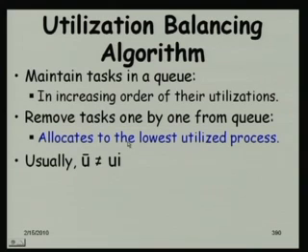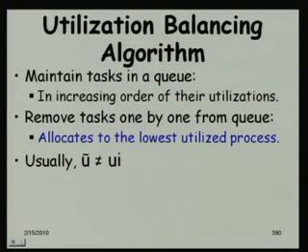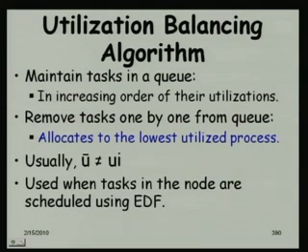So, the utilization due to all the tasks will be sigma TU, right. If we have a perfectly balanced load, then sigma TU by n should be the load for every processor. But unfortunately, here we will have a variation of load among different processors. Some processors will be more loaded than others, and therefore U bar, which is the average load, will not be equal to the individual nodes. That is actually the figure of merit for any balancing algorithm.